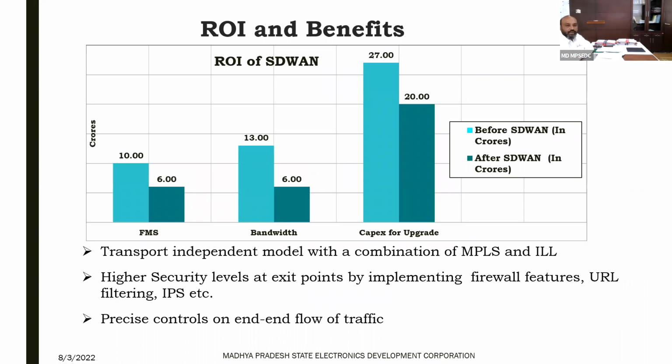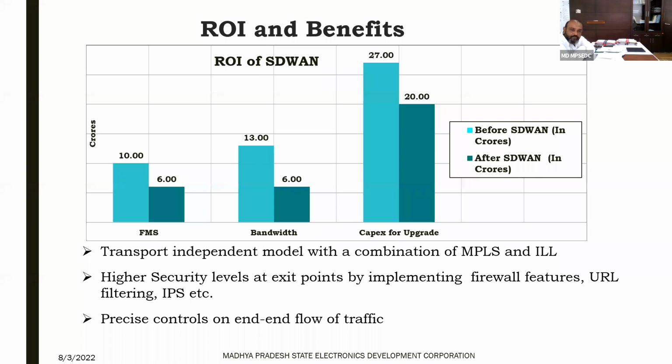These are the ROI benefits. The lighter green was before SD-WAN, and this is the achievement, the per-year savings from deployment of SD-WAN. On the FMS we have saved around 4 crores per annum.